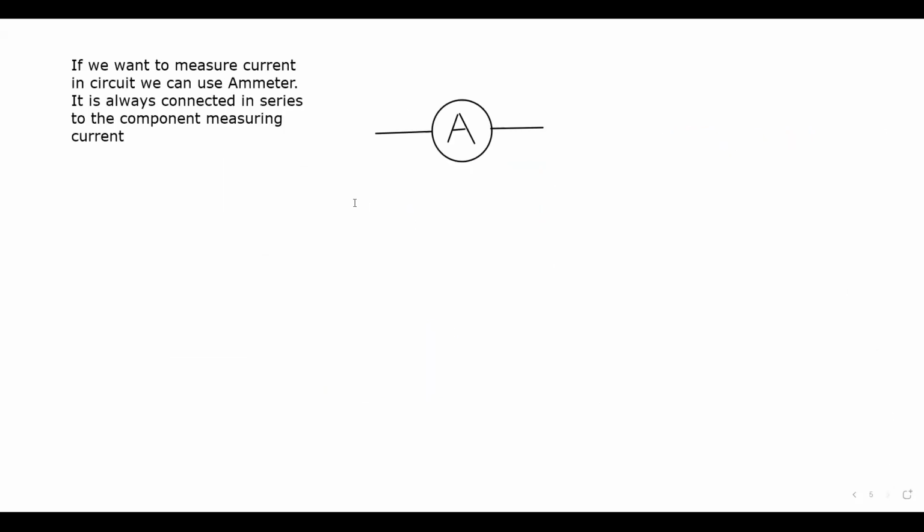Now, there are two types of current. One is known as DC or direct current. Another one is known as AC or alternating current.